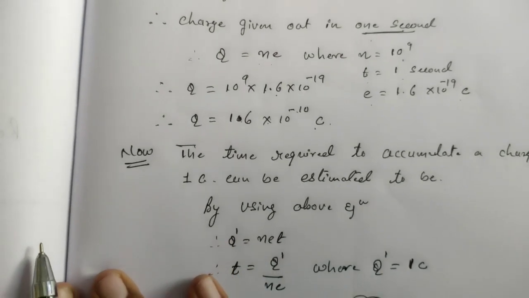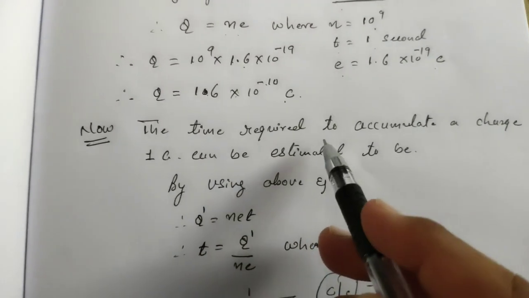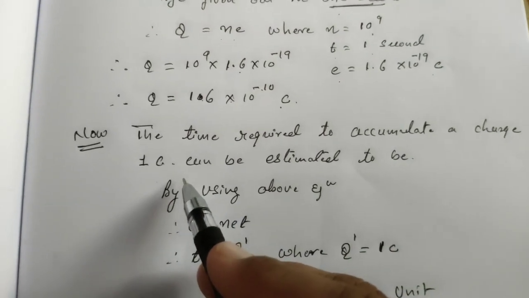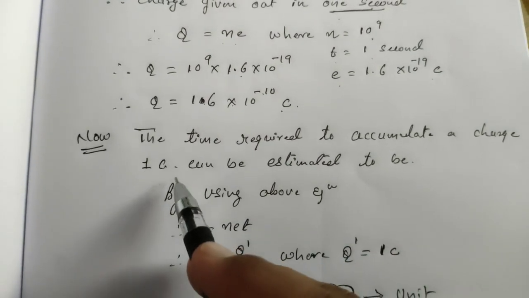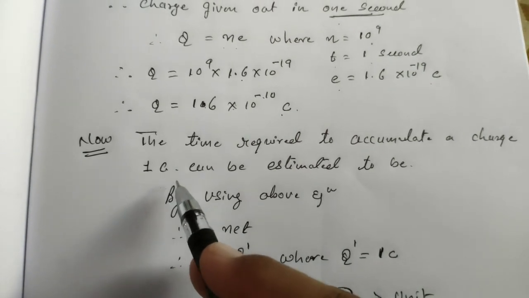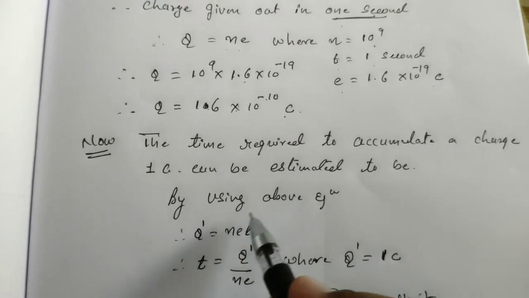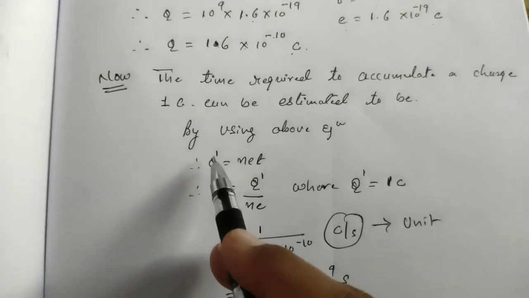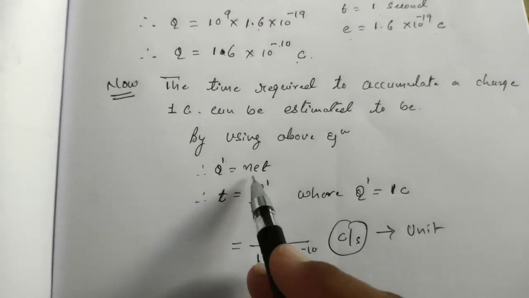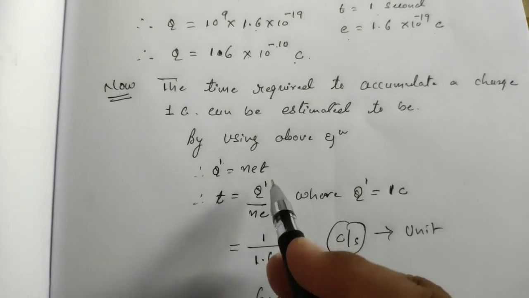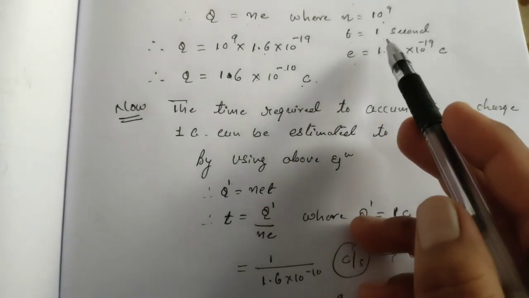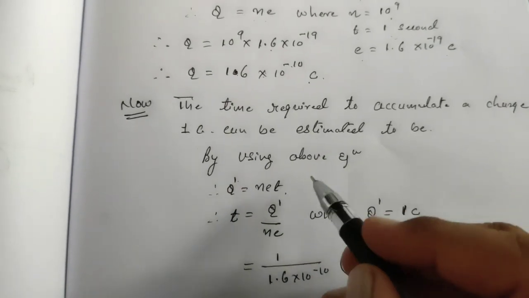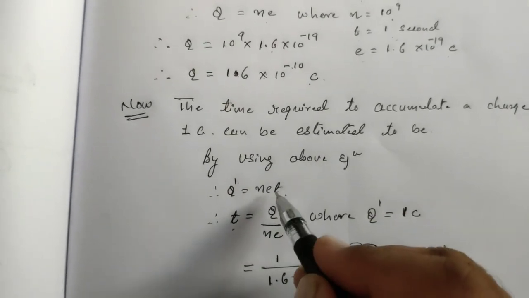Now the time required to accumulate a charge of 1 coulomb. Because we need to transfer only 1 coulomb of charge, here we are taking only 1 coulomb. That can be estimated by using the same equation, but here we have a new charge, so I am putting q dash equal to net. It's a basic equation, but in the first case we used only 1 second, so t was 1 second. But in the second question we have to find the time, so we put t over here.